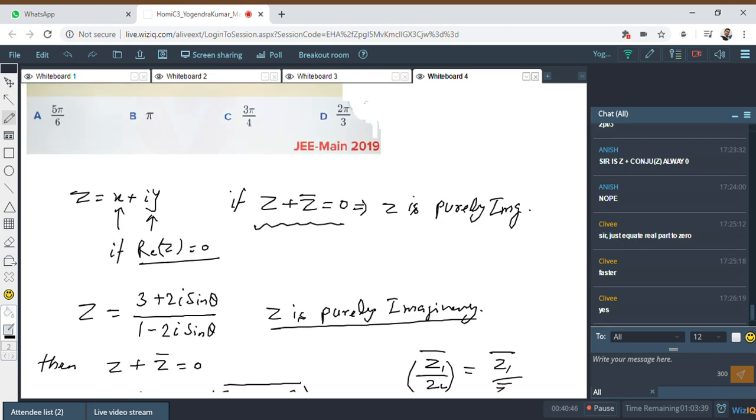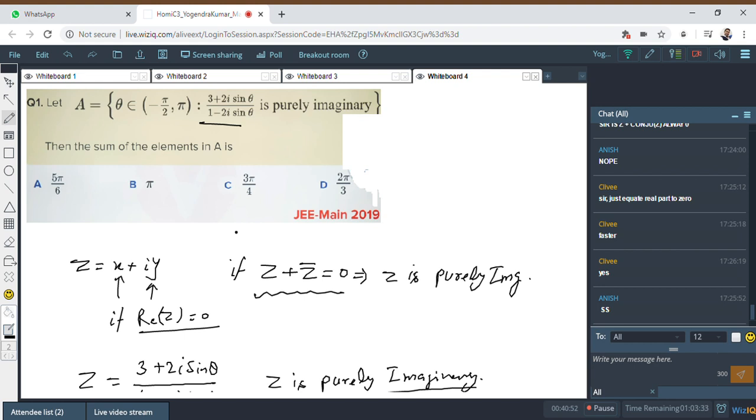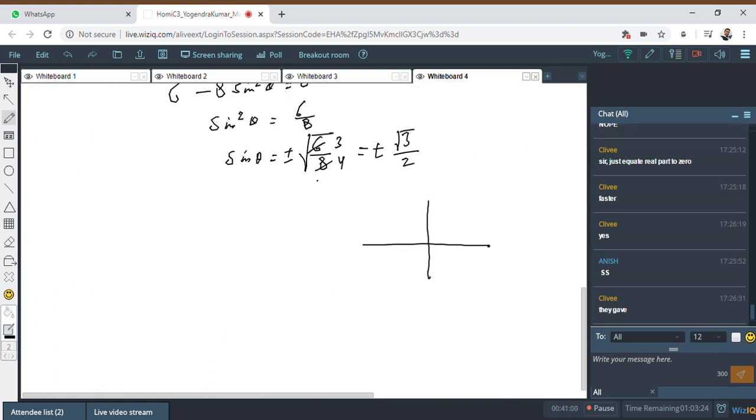Now what are they telling? Sum of the elements of A. So we'll get two values. They didn't give any interval... okay, yeah, they gave it, sorry. They gave minus pi to pi. Let me make a simple graph for this. Root 3 by 2 is 0.87, less than 1.